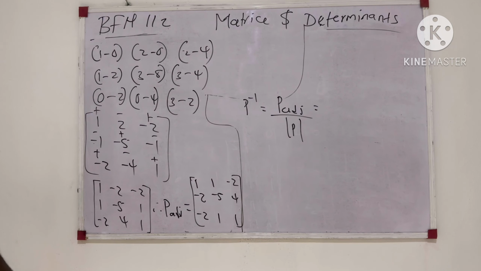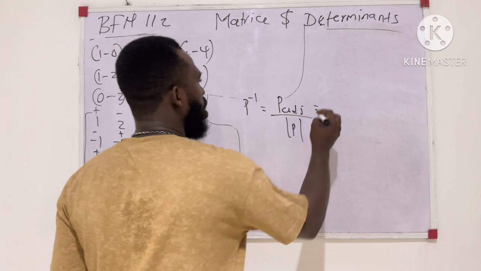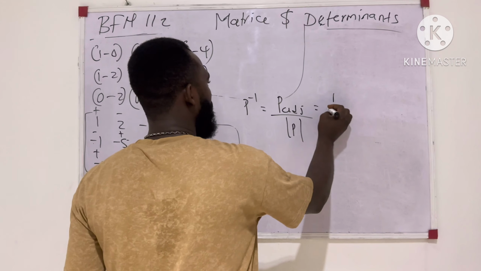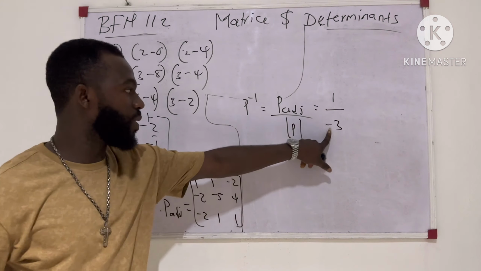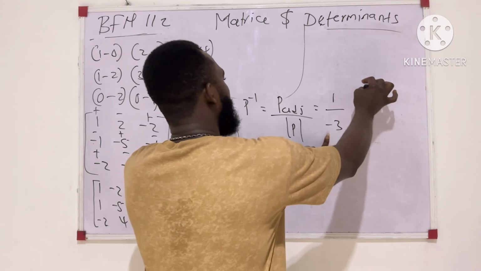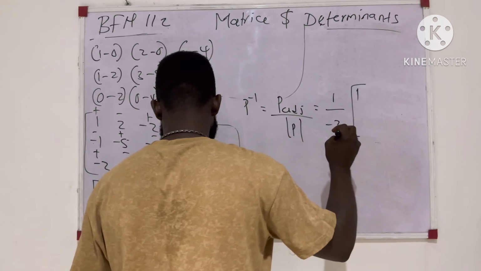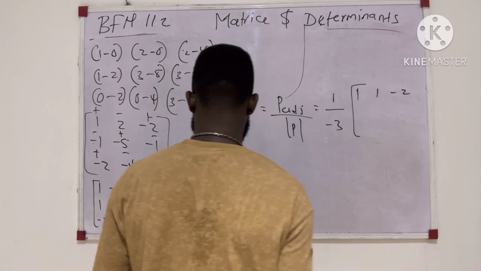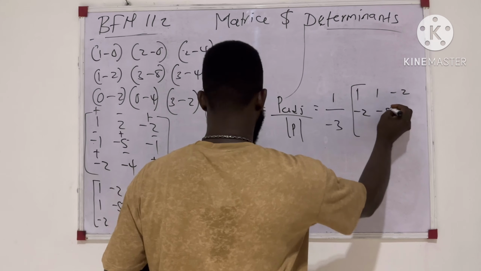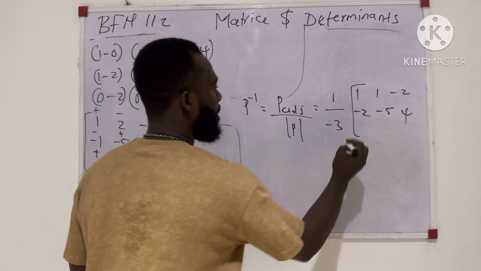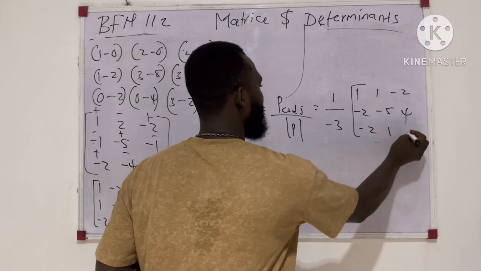Minus 3. So here it becomes 1 over minus 3, because our determinant is minus 3, into the adjoint matrix now, which is 1, 1, minus 2, minus 2, minus 5, 4, minus 2, 1, 1.